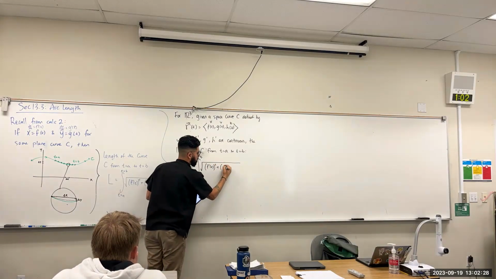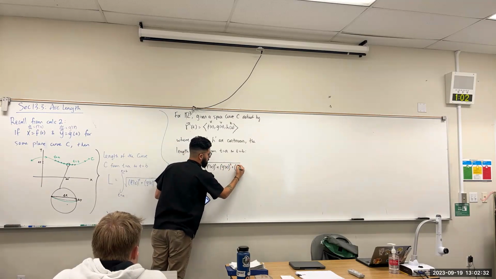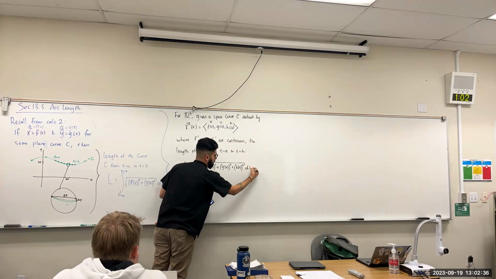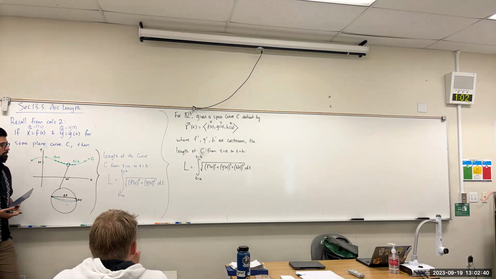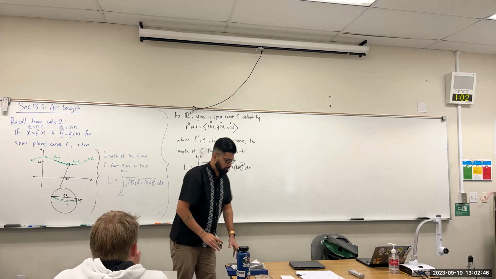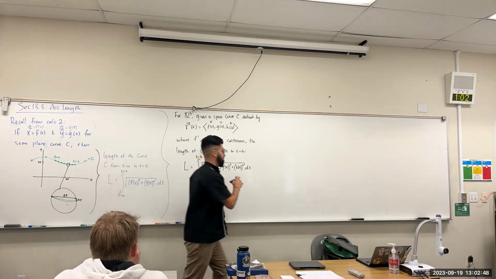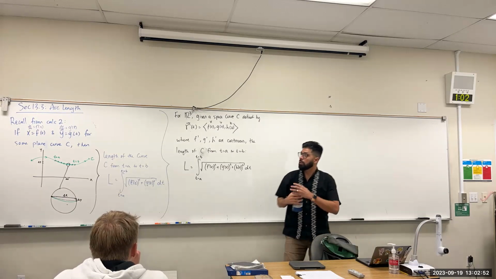The change in y with respect to t is g prime, but now the change in z with respect to t is h prime. So it looks very similar because of the distance formula. But now there's a little bit more life. Let me wait for you guys to see that.